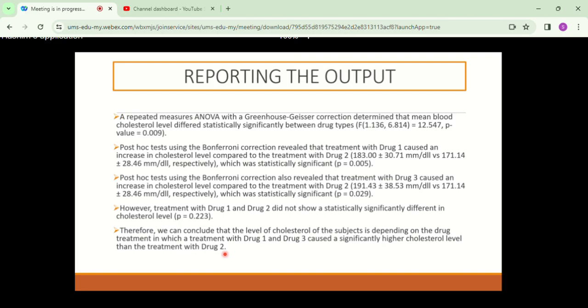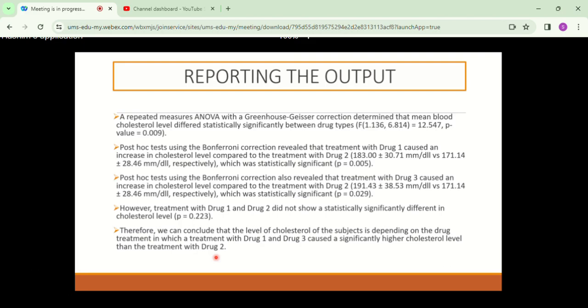So, at the end, we can also close the statement by saying that it is safer to receive treatment using drug 2, because it will not increase your cholesterol level significantly compared to drug 1 and drug 3. Okay? So you can say that it will not increase the cholesterol level as significantly as drug 1 and drug 3. Okay, so you guna your own sentence lah, berdasarkan your own kefahaman.